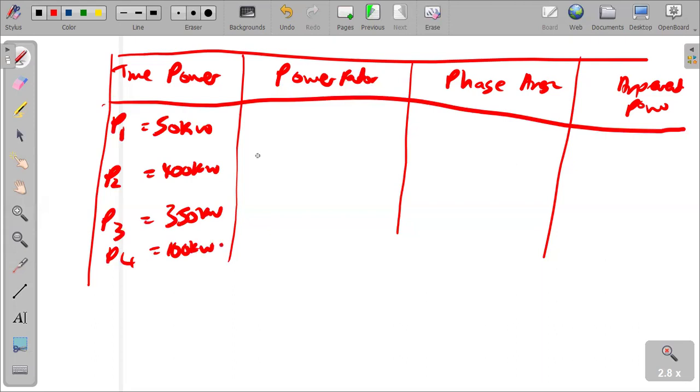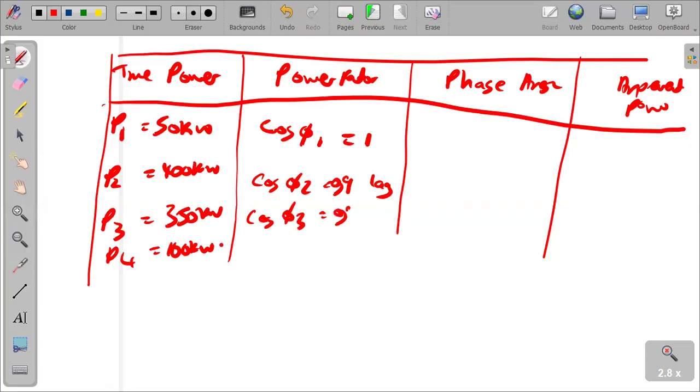Cos phi 1 is equal to 1. Cos phi 2 is equal to 0.9 lagging. And cos phi 3 is equal to 0.8 lagging. That's the information I've been given. Cos phi 4 is equal to 0.8 leading. Okay, that's the information we have there.